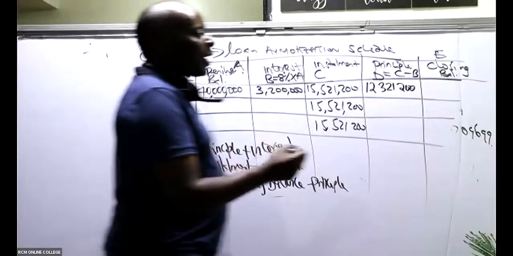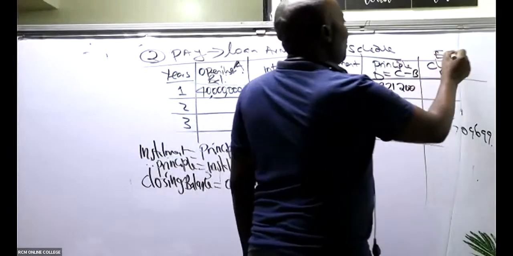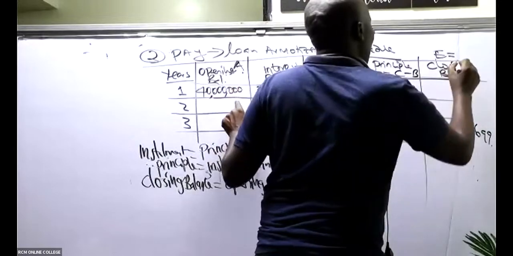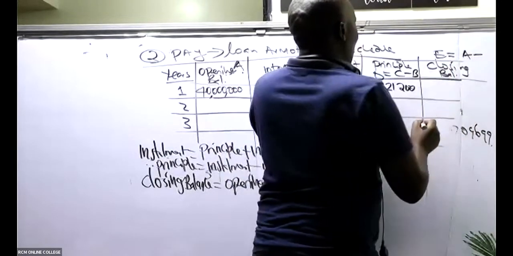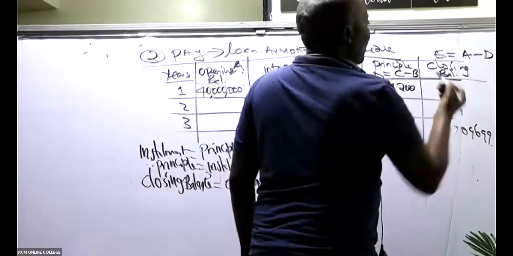Somebody has already told me that this E will be equal to the opening balance, which is this A, minus the principal, which is this column D, A minus D.